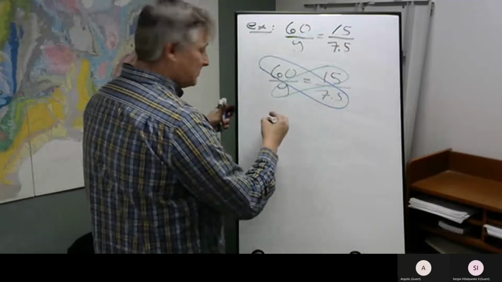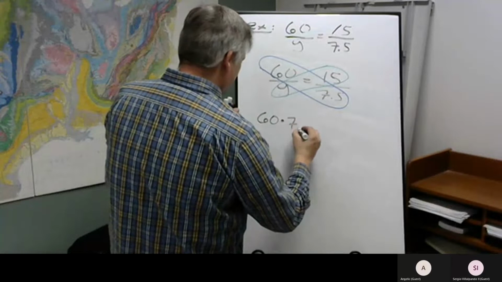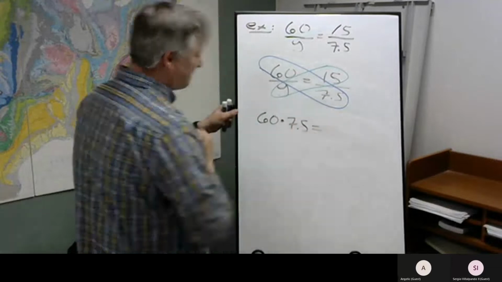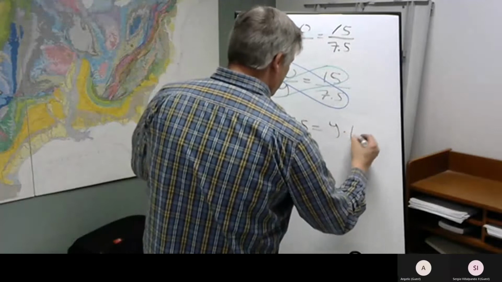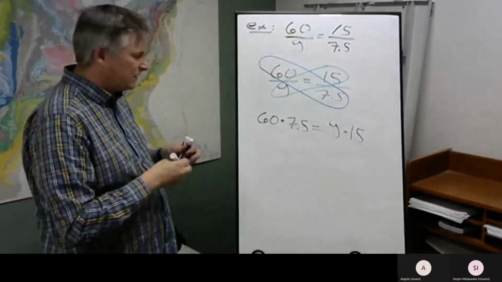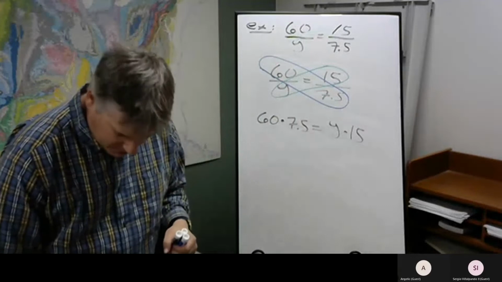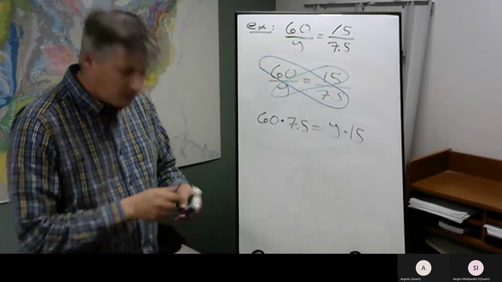So for the extremes, 60 times 7.5. For the means, y times 15. Let's see now, 60 times 7.5, 450.